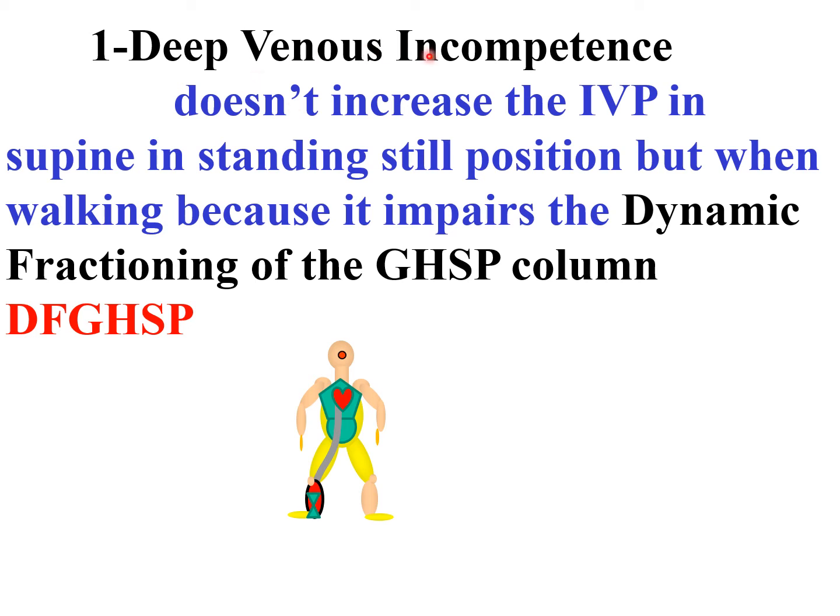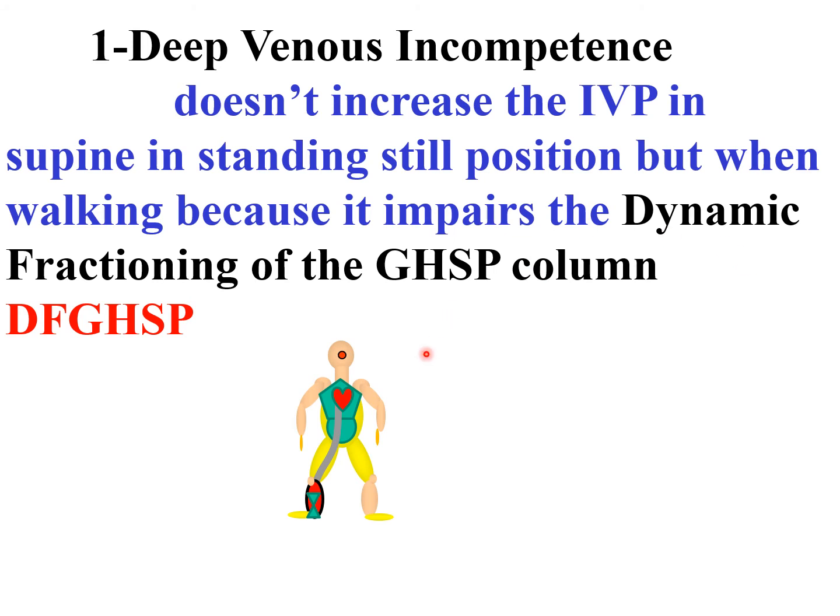The deep venous incompetence doesn't increase the intravenous pressure in supine or in standing still position, but only when walking, because it impairs the dynamic fractioning of the hydrostatic pressure column.